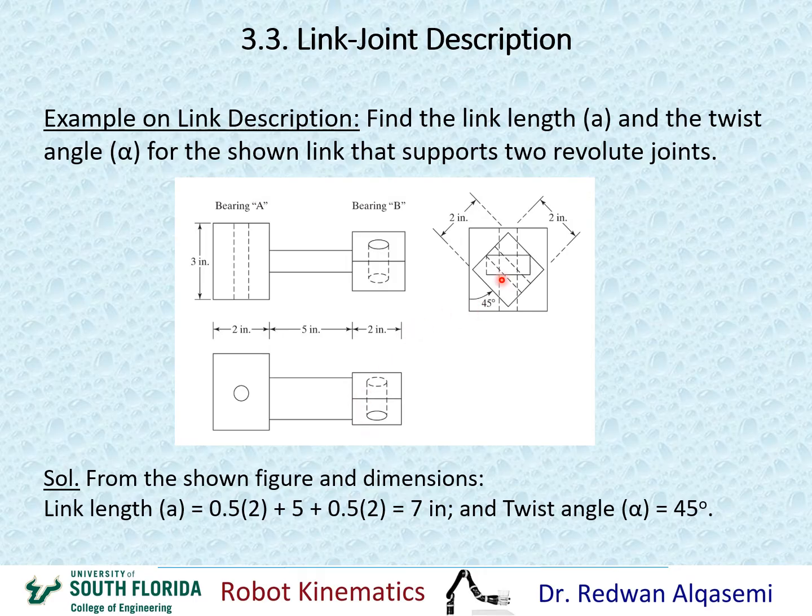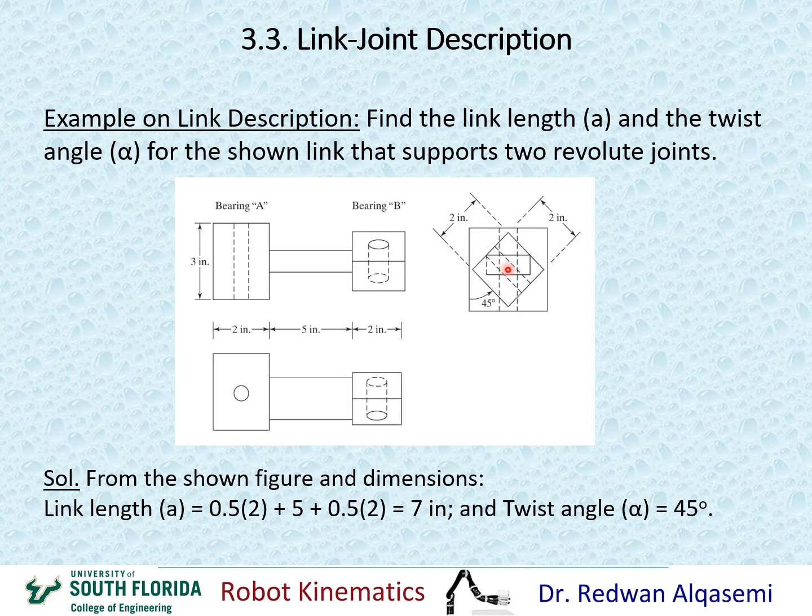Now for the twist angle, you can clearly see it from here. The first bearing has an axis going up and down this way. The second link has an axis that goes 45 degrees, as you can see this way here. The common perpendicular would be somewhere right in the middle where the dot is.